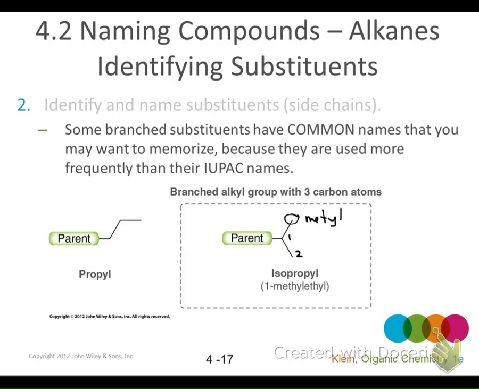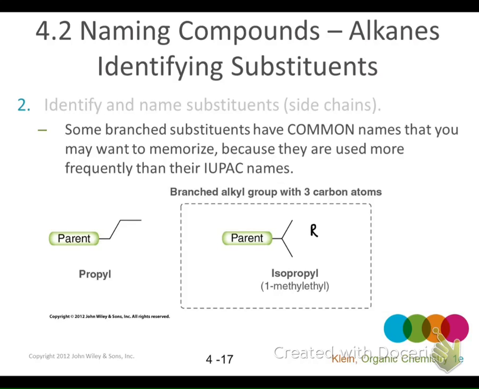So let me show you what the iso groups look like. It is the isomer of propyl side chain. Okay, so isopropyl. I'm going to call the rest of the chain R. That's the parent chain.